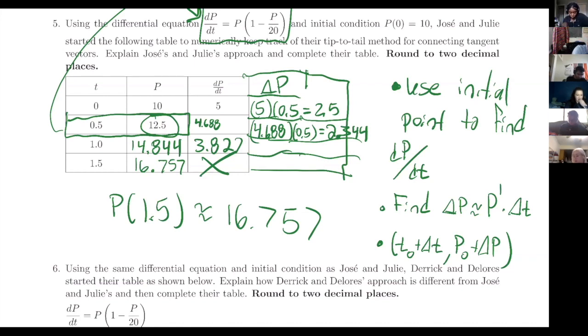And then we repeat. Instead of using the initial value, we use our updated point to calculate dP/dt, find delta p, and then add those values. Any questions?